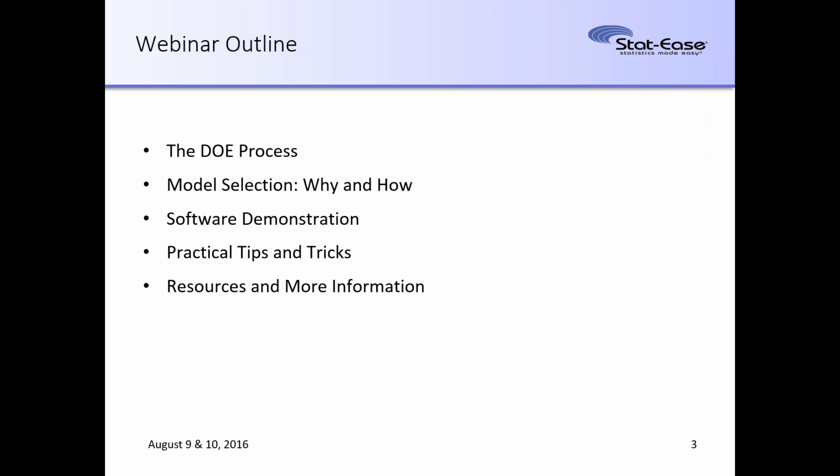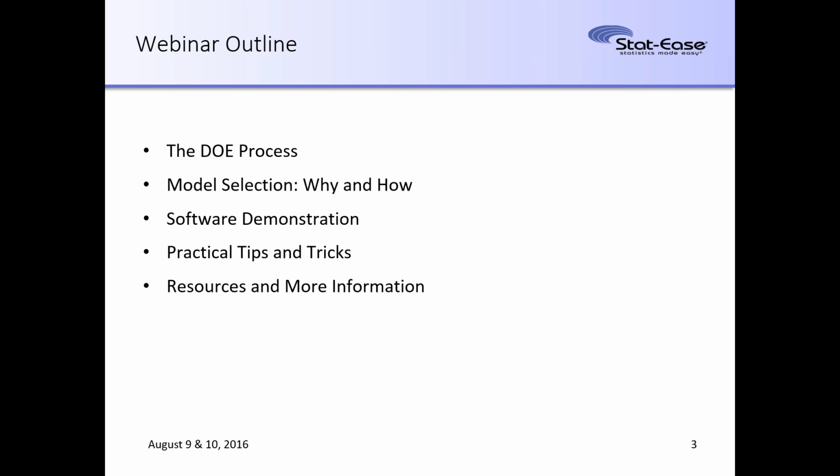What are we going to talk about today? Well, again, the main topic is automatic model selection. We'll start by talking about the design of experiments process, just to lay out some of the groundwork. I'll do a quick example of how most people do model selection and show why that may start to become difficult in certain situations.